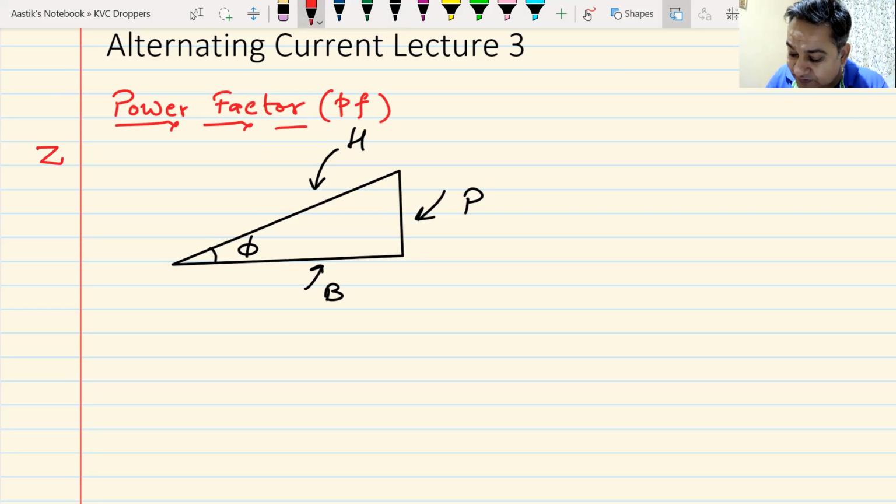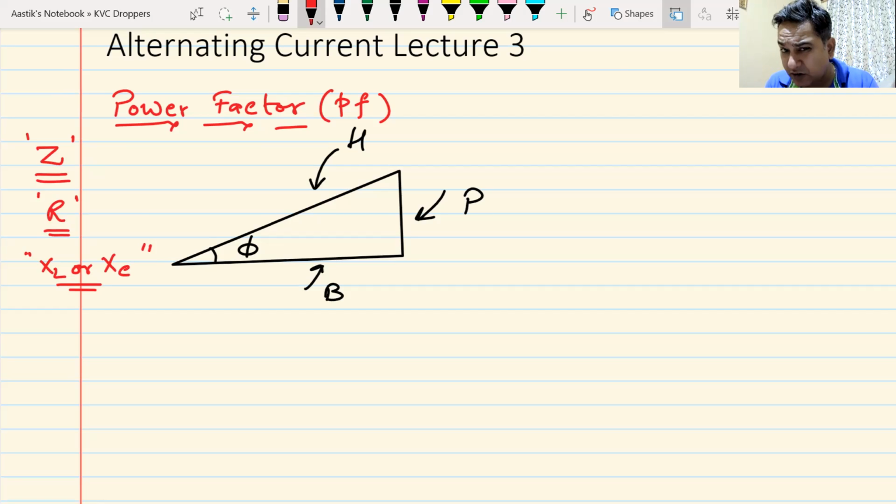The first term is Z, which is the impedance. The second term is R, which is the resistance. And the third term is XL or XC, which we called reactance. XL is inductive reactance, XC is capacitive reactance, but they all come under the category of reactance.